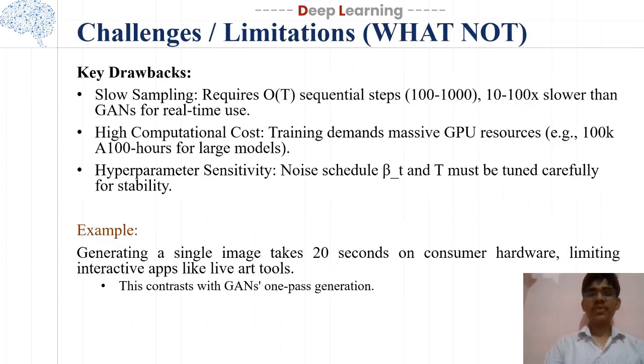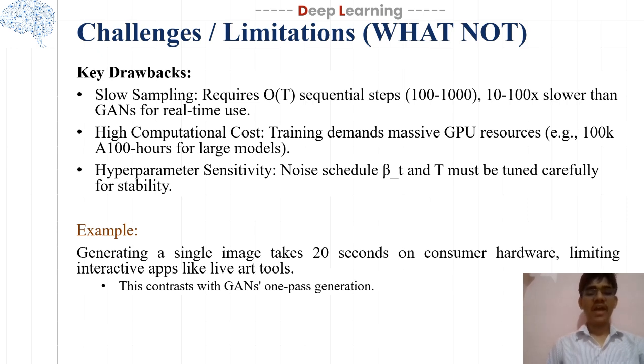Like any other model, diffusion models also have some drawbacks. They are not totally perfect. The key drawbacks include slow sampling, meaning generating an image requires hundreds or thousands of sequential steps, making it 10 to 100 times slower than generative adversarial networks. It also has a high computational cost, meaning training large diffusion models can take thousands of GPU hours, which is a lot of energy.